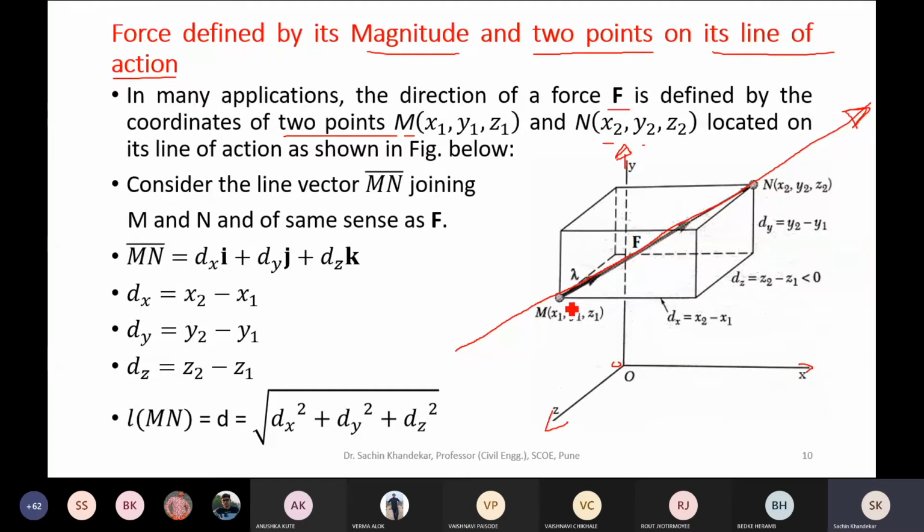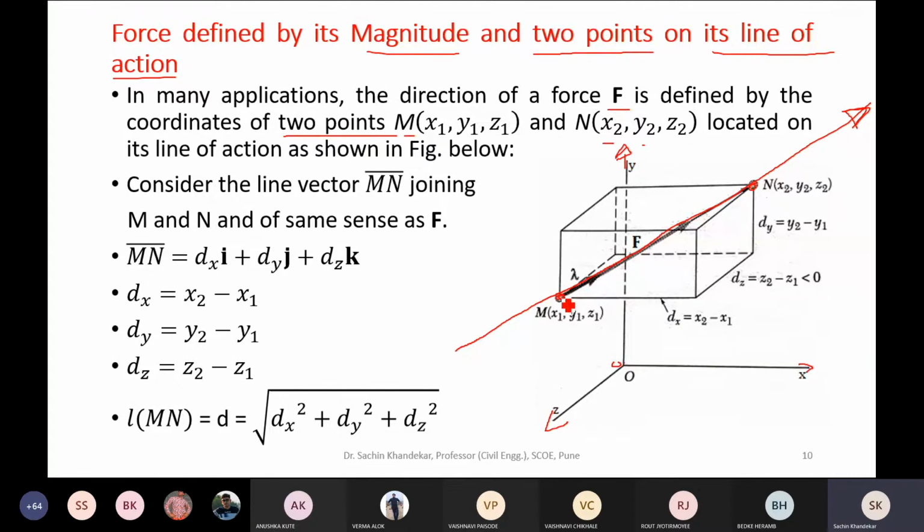Let M and N be any 2 points on the line of action of this force. Please note that M and N are any 2 points on the line of action of this force.